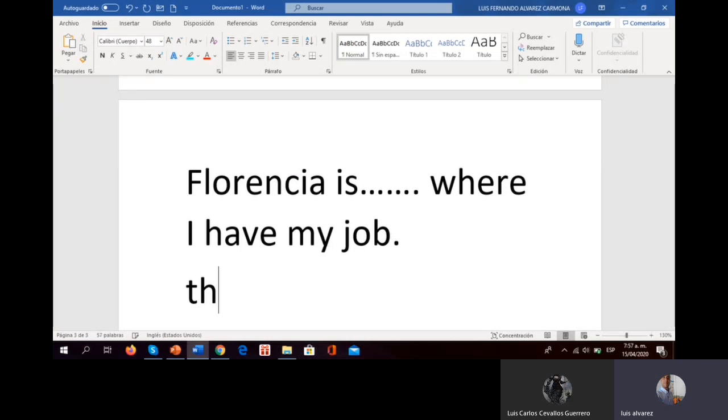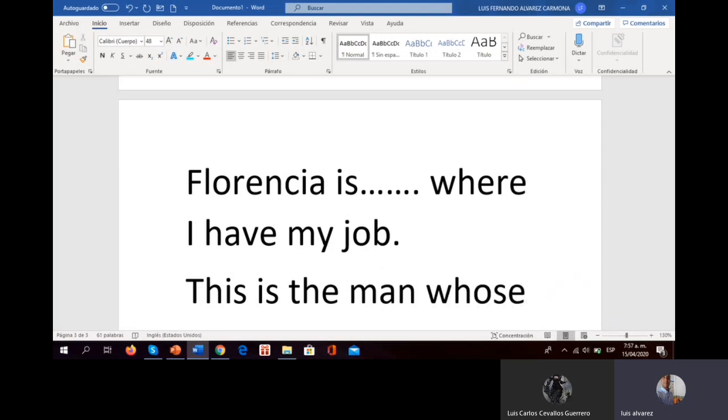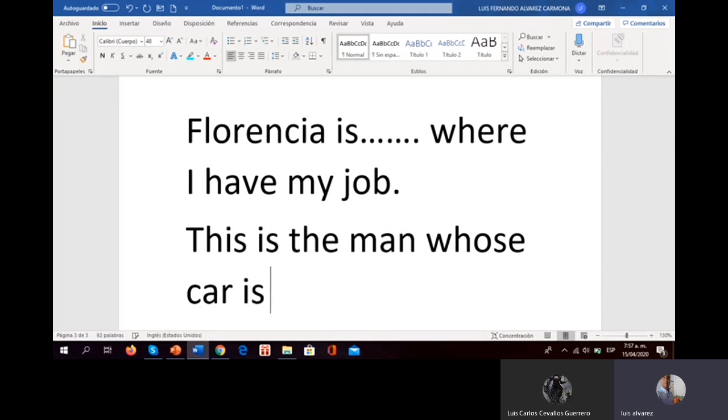This is the man whose car is, for example, a Ferrari.